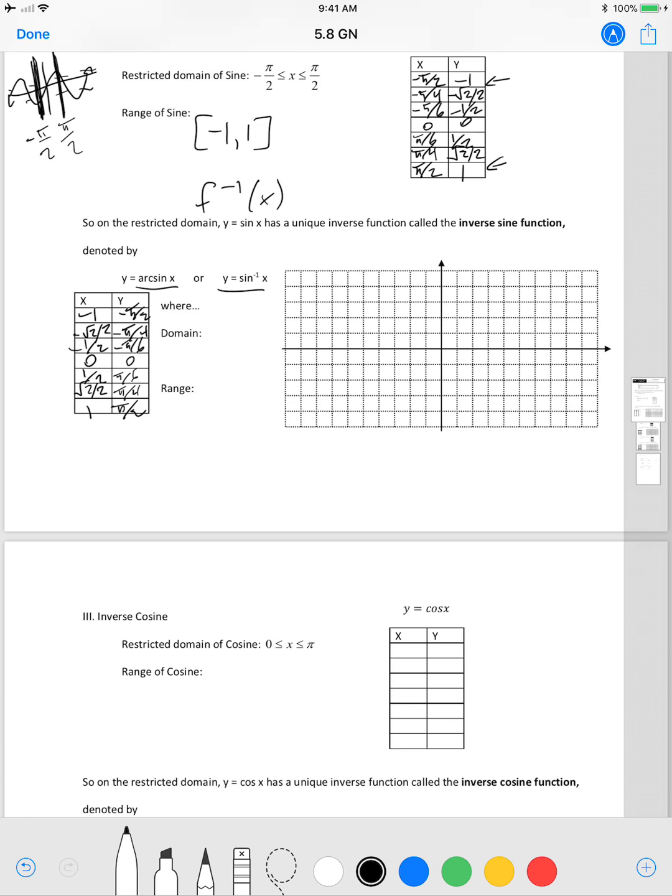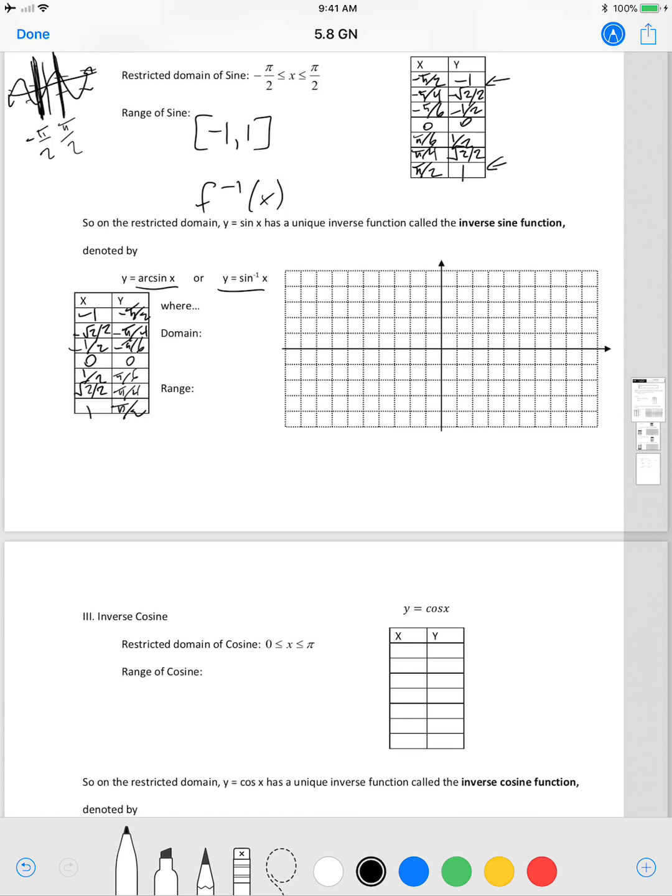So that's exactly why we care about inverse trig functions. There are a lot of situations, especially in the real world, maybe you're building something, or any kind of architecture, or it happens a lot in science too, where you know the side lengths of something, but you need to know the angle. And so we use the inverse trig functions to help us find that.